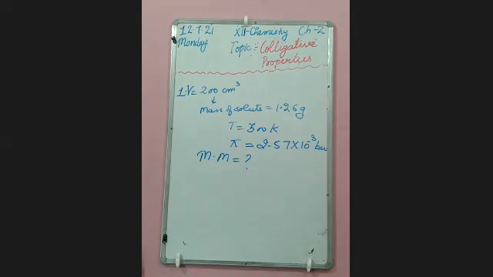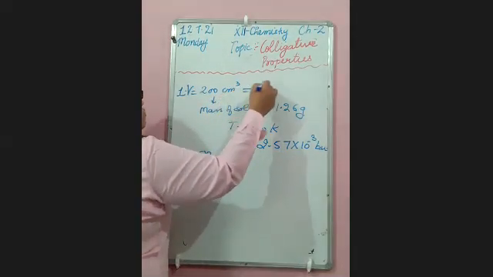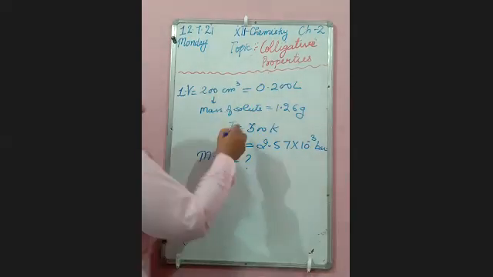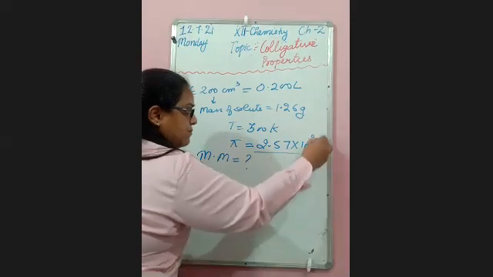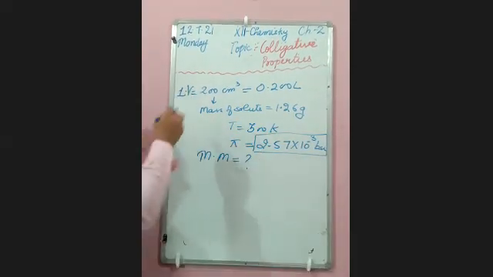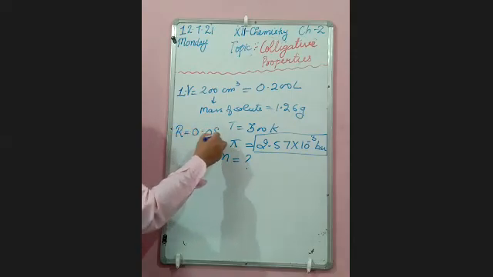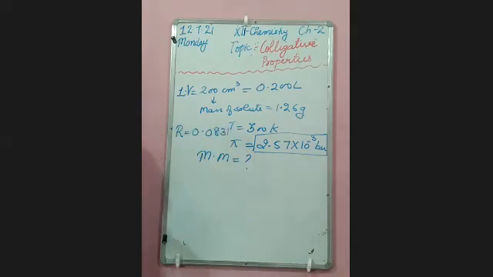Convert it into liters, it will be 0.200 liter. And remember, your pressure is in bar, so here we have to use R as 0.0831 liter bar per Kelvin per mole.